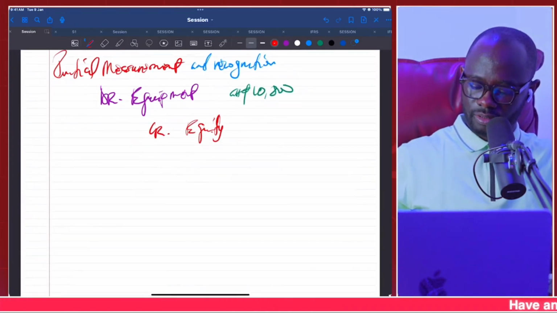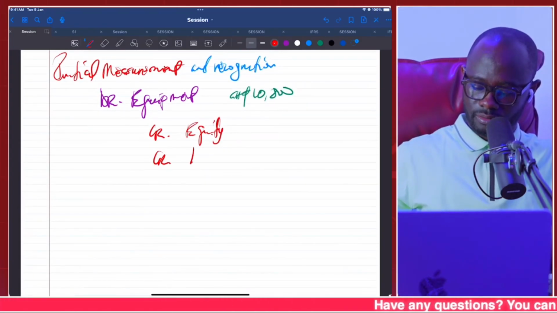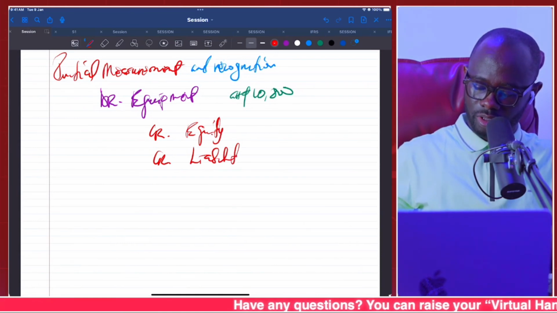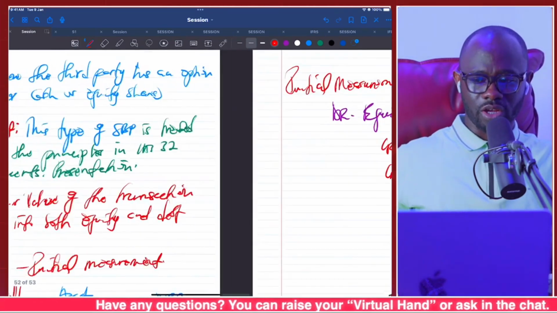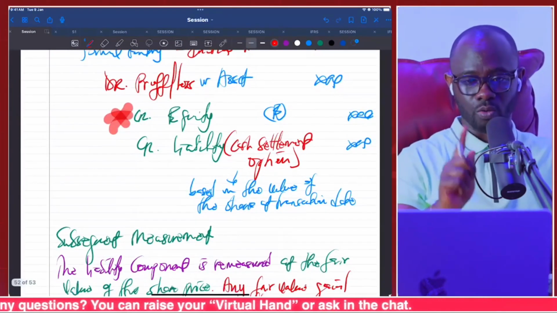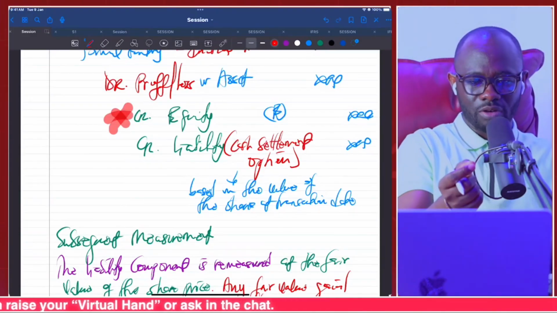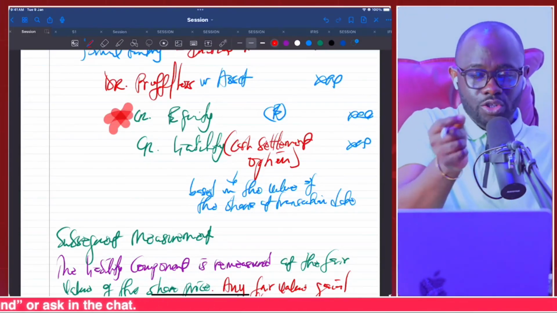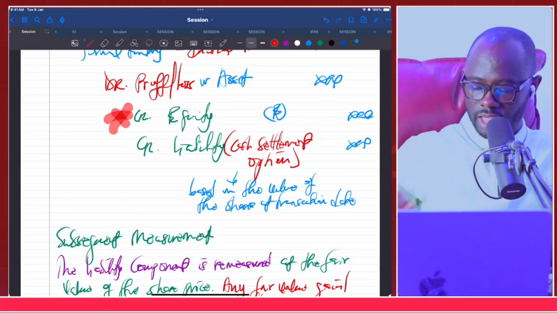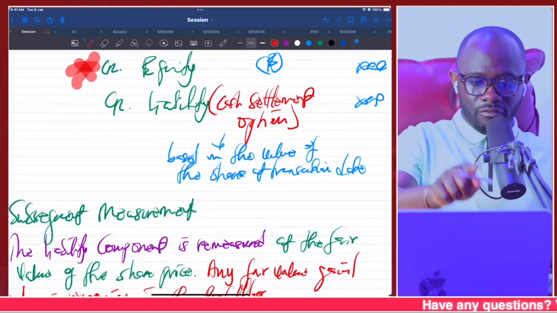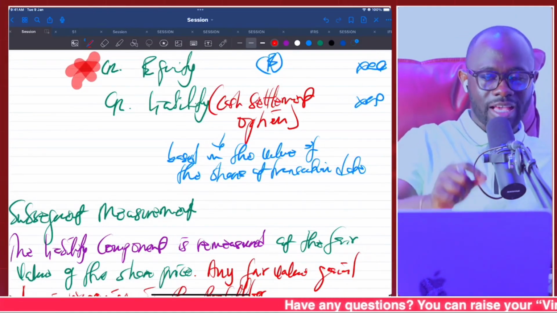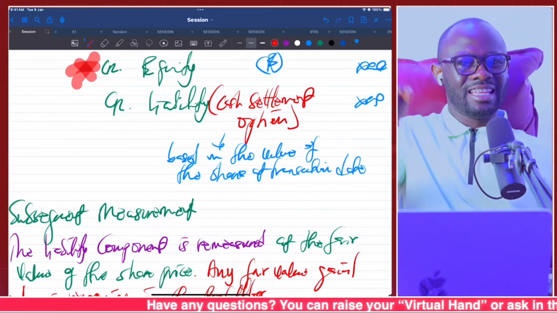We need liabilities, or the liability component. Go back to the rules. What did we say? We said the liability component is the cash settlement option, and that is based on the value of the shares at the transaction date.